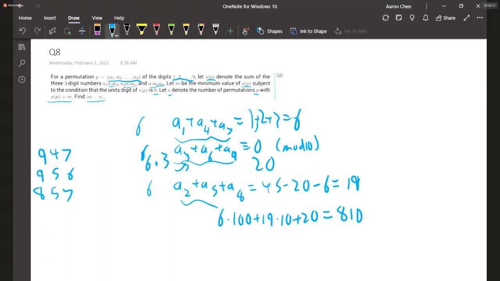And the final 3 digits go into A2, A5, and A8. And there are, again, 6 ways to arrange these digits. And so N is equal to 6 times 6 times 3 times 6, which is 648. And so the absolute difference between M and N is 810 minus 648, which is 162. So the answer is 162.